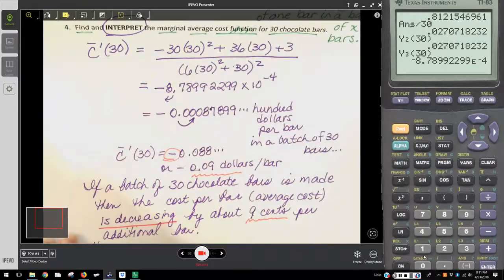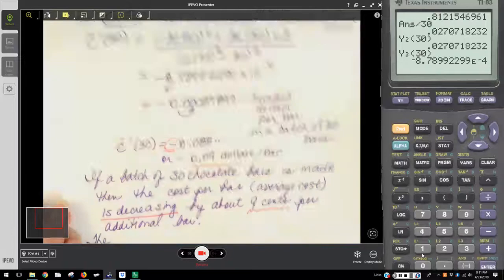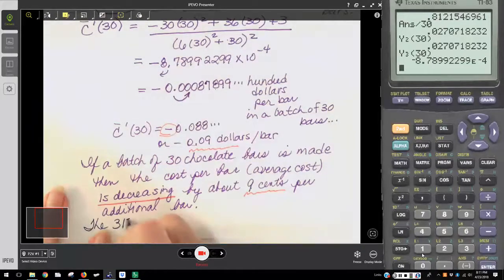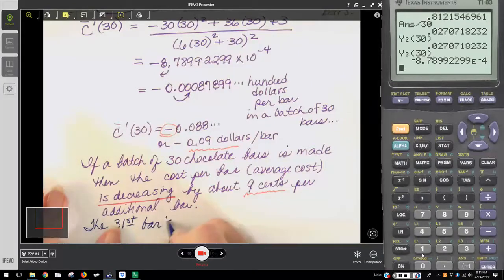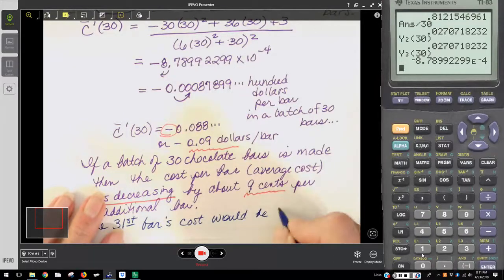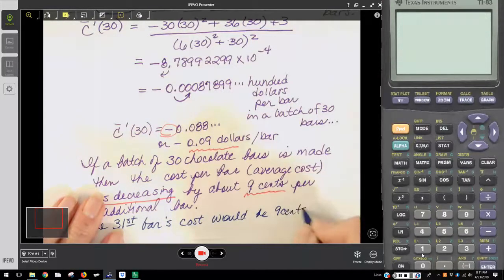The 31st bar cost would be 9 cents more than the 30th.